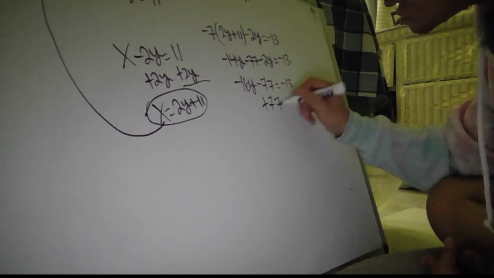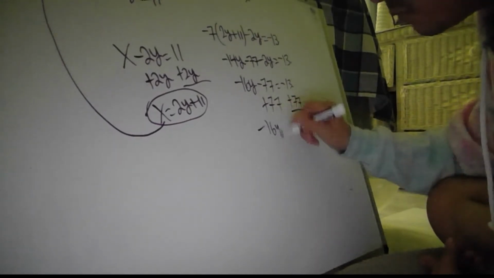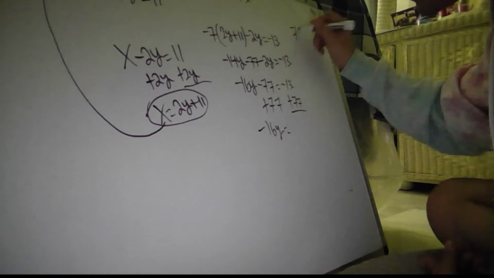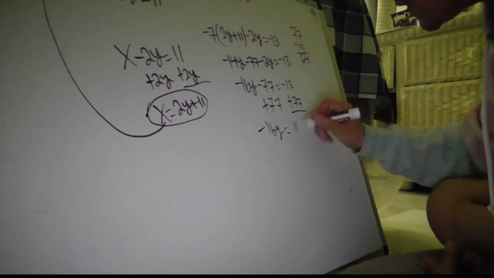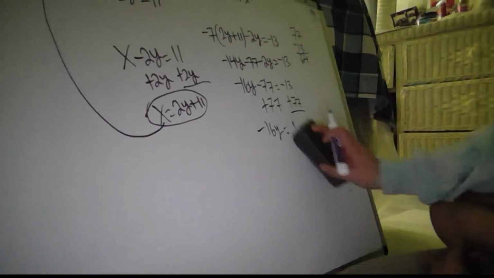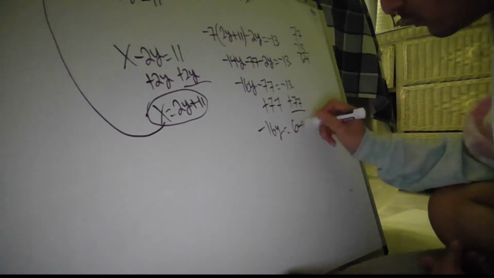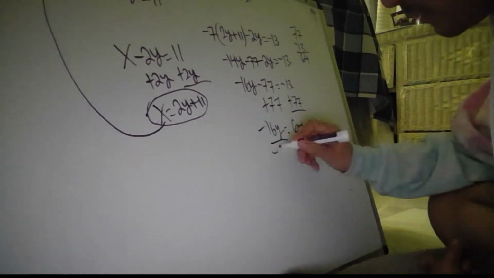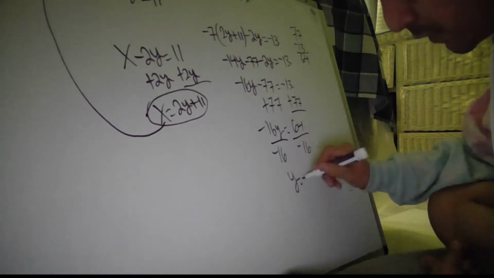So then add 77 on both sides. Negative 16y equals 64, right? Divide by negative 16 on both sides. y equals negative 4.